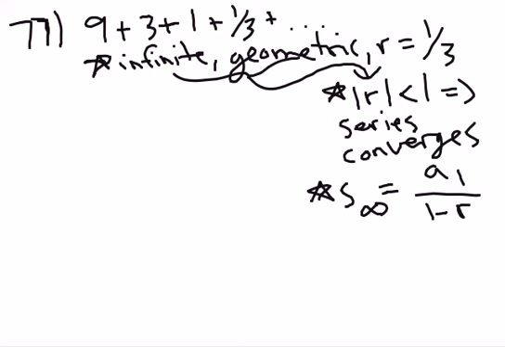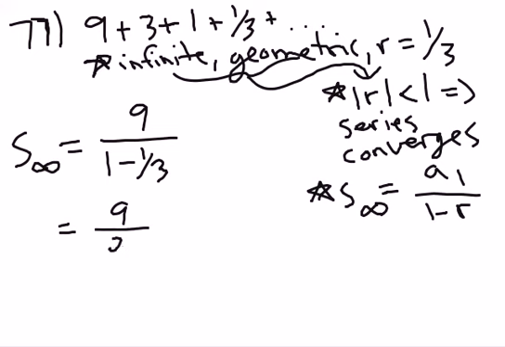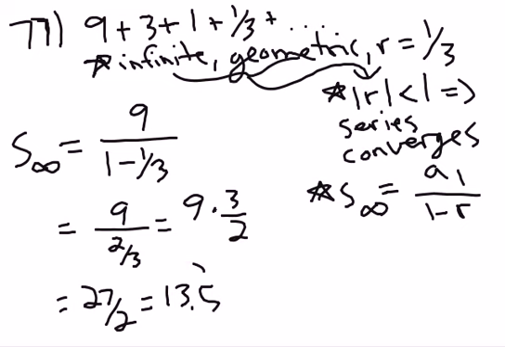So in this case, absolute value of r is 1/3, which is still less than 1. So there is an infinite sum, and they ask us to determine that sum. So I do a1 over 1 minus 1/3. So I get 13.5 is the sum of this infinite geometric series. Okay, let's continue with 78.